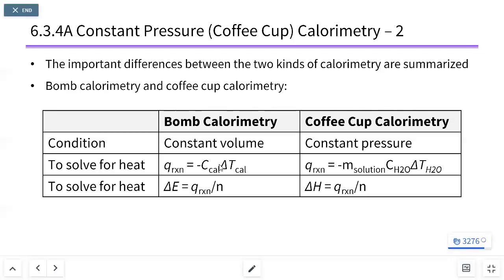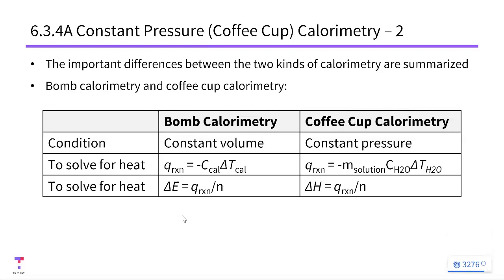The process for solving the heat of the reaction is pretty similar. In the bomb calorimeter, we're not concerned with the mass because we're measuring all of the calorimeter as part of the surroundings. And so that heat capacity takes into consideration all of that stuff.